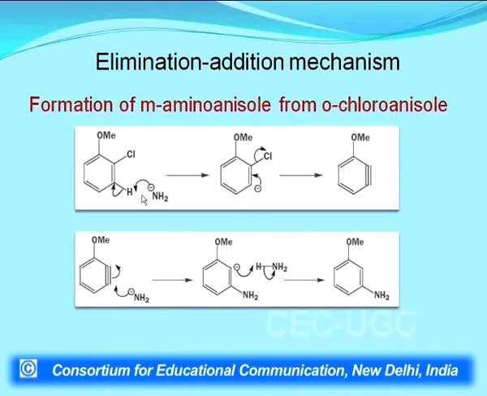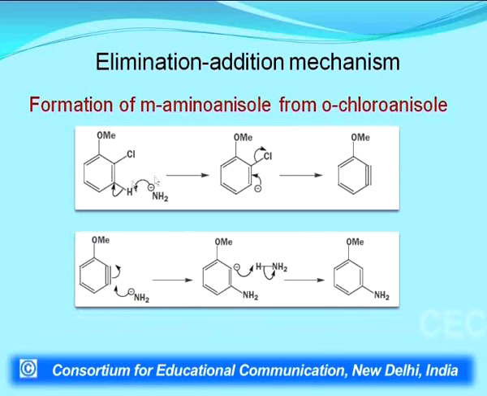So, even if we start from a meta-chloroanisole, we will get mainly the meta amino anisole, because if chlorine is here, then amide will preferably abstract the hydrogen from this carbon, because after loss of hydrogen the negative charge on this carbon is stabilized by two electron withdrawing groups, methoxy here and chlorine here.